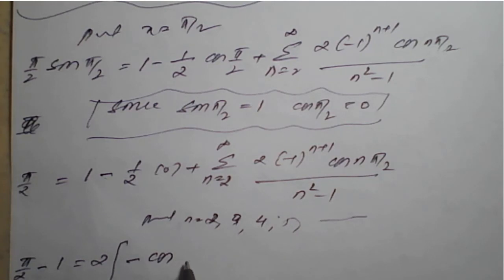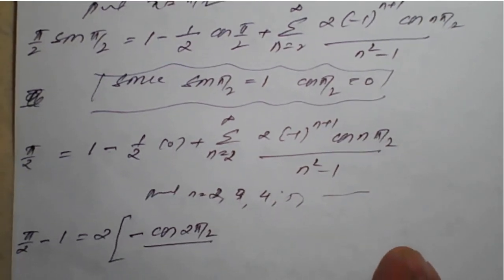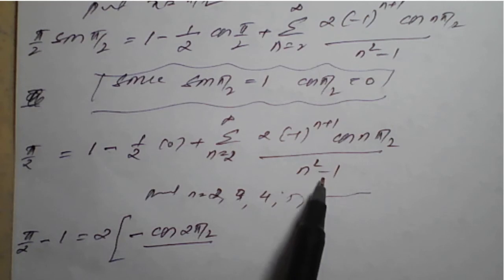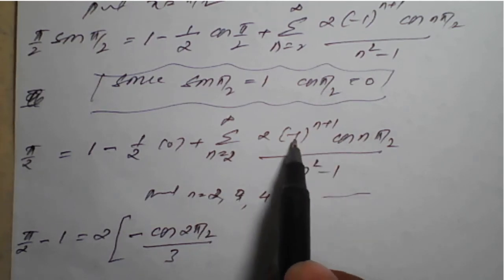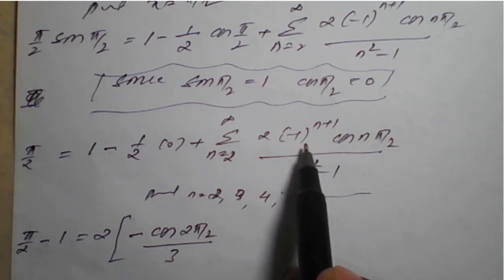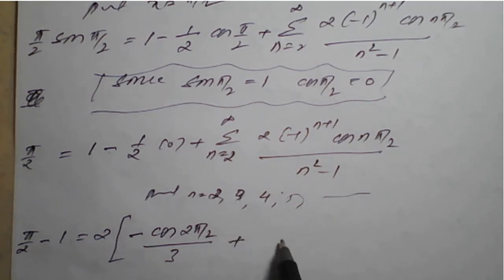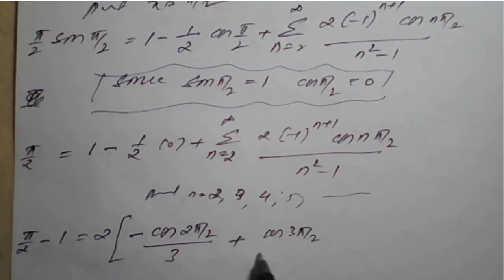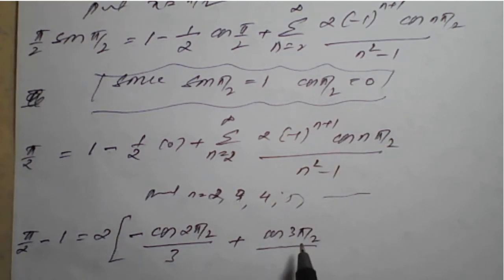cos of 2 pi by 2 divided by 2 square is 4, 4 minus 1 is 3, when n is equal to 2. When n is equal to 3, 3 plus 1 is 4, so positive value, so it will become plus cos of 3 pi by 2 divided by 3 square is 9, 9 minus 1 is 8.